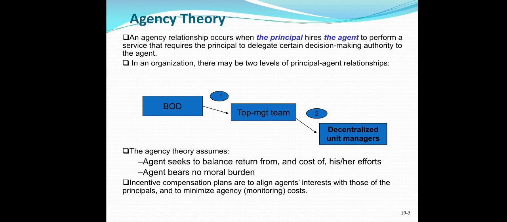Okay, what is a theory? Remember this. A theory explains something. It is not fact.